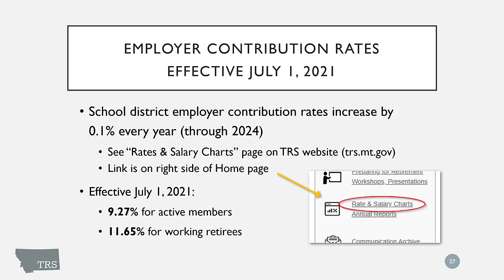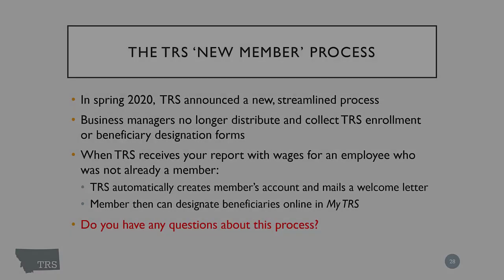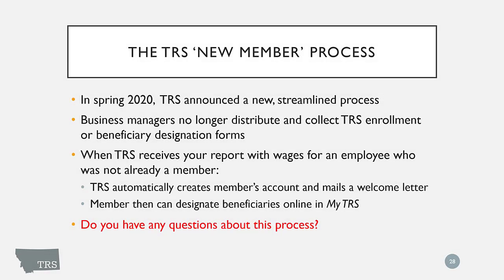Every year we have a couple schools that forget to change their contribution rates in their system. So just make sure that those are all set to change on July 1st to the new employer rates. The employee rate will stay the same at 8.15%, but the employer contribution rate for active members will go up to 9.27%, and for working retirees up to 11.65%.